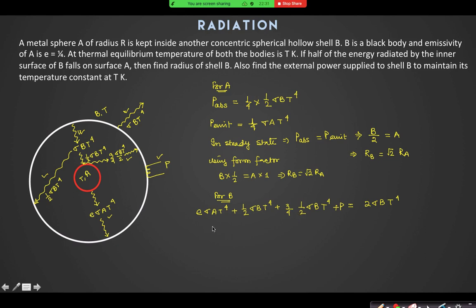So P plus sigma Bt power 4 into, with A equal to B by 2, half plus 3 by 8 is equal to 2 sigma Bt power 4, yes or no?